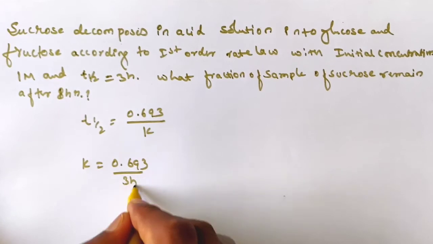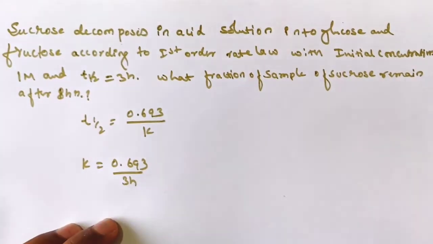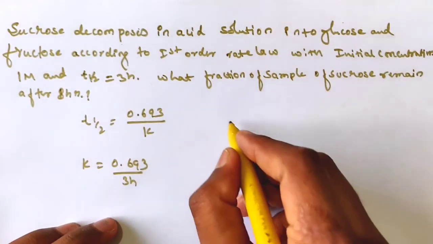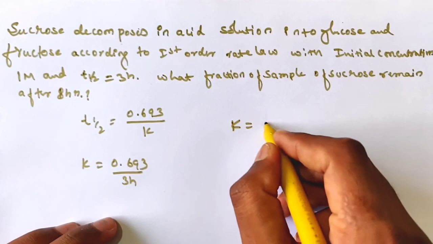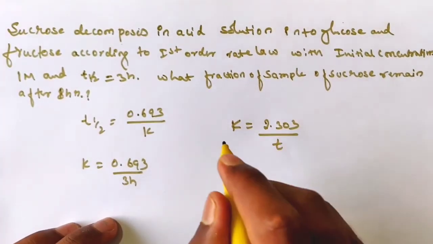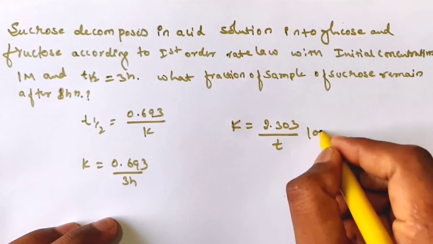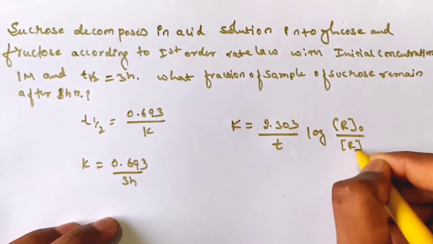They have given 3 hours. Okay. So for a first order reaction, when you are writing the rate, k is equal to 2.303 upon t log initial concentration upon final concentration.